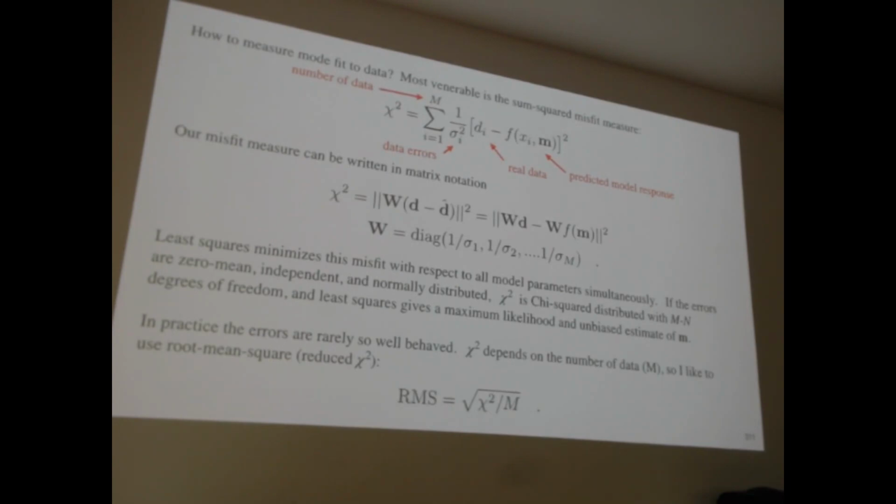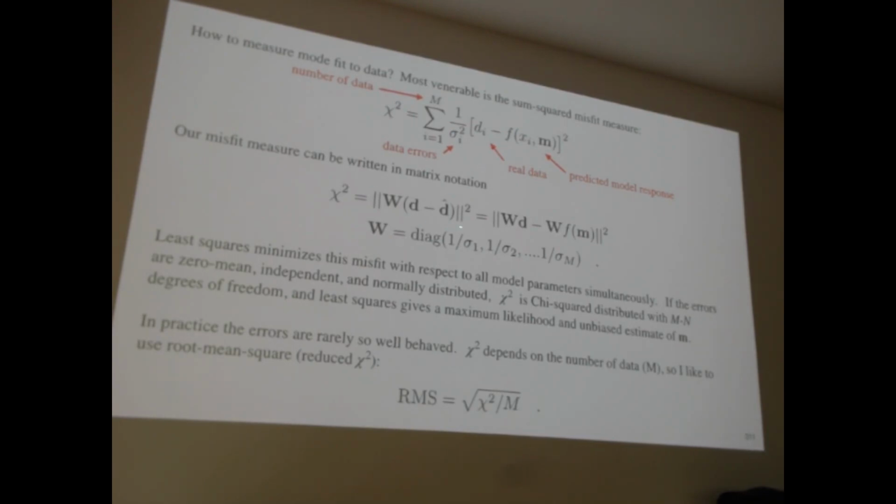So how do we measure the fit to the data? How do we know a given model is compatible with our data or not? Well, most people use the venerable sum squared misfit, where you take your real data and your prediction from the model, from your forward solution, you take the difference, divide it by the data error and square it. You sum all that up, and you get this sum squared misfit.